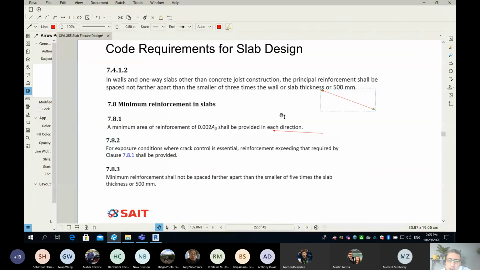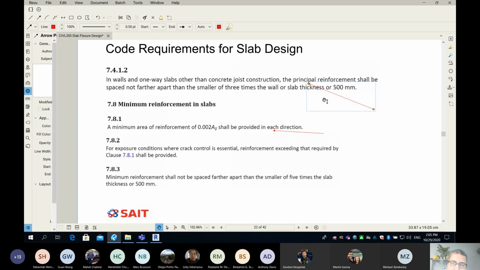How much? Let's read. You can read in walls and one-way slab. This clause applies for walls and applies for slabs. And the principal reinforcement, look at this name, very important. The principal reinforcement, I will mention this name in 5 minutes again.